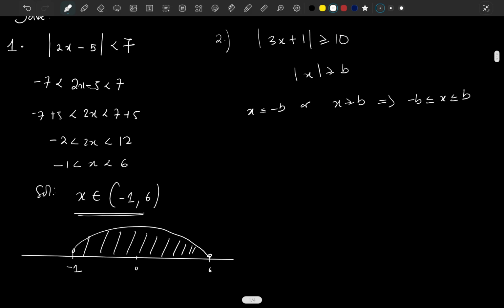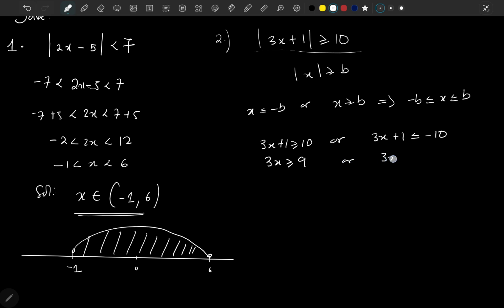Coming to the question itself, we solve it in this manner. We say 3x plus 1 greater than or equal to 10, or 3x plus 1 less than or equal to negative 10. Now we solve them differently. This gives us 3x greater than or equal to 9, or 3x less than or equal to negative 11.